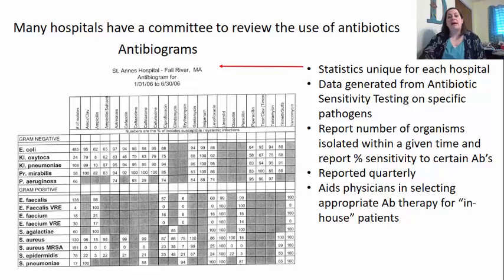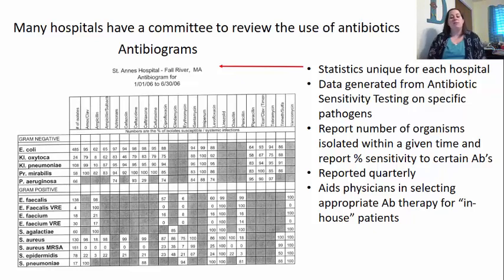Many hospitals have committees to review the use of antibiotics. They can use what we call antibiograms, where they're looking at these antibiotics. This allows us to give statistics that are unique for each hospital. It allows them to gather information to see if certain antibiotic sensitivity testing on pathogens needs to be done, to see why sometimes maybe they're not working like they should. It also helps us report the number of organisms isolated within a given time of a report.